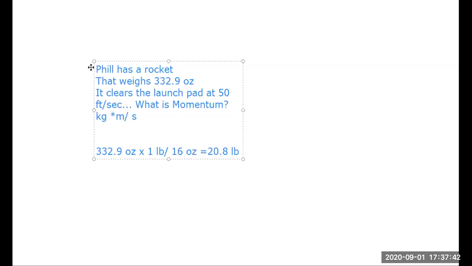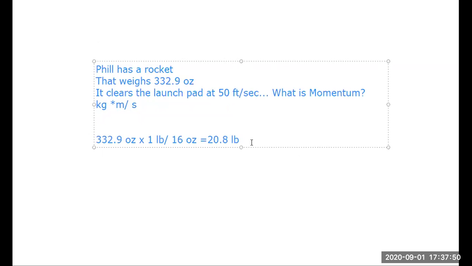And then I want to go a little further. I want to multiply that by the fact that 1 kilogram is 2.2 pounds. So I've linked together two different conversion units here. Okay. And ultimately, I should get 9.46 kilograms. So I'm partway there. That's one of the units that I need when I'm calculating momentum.